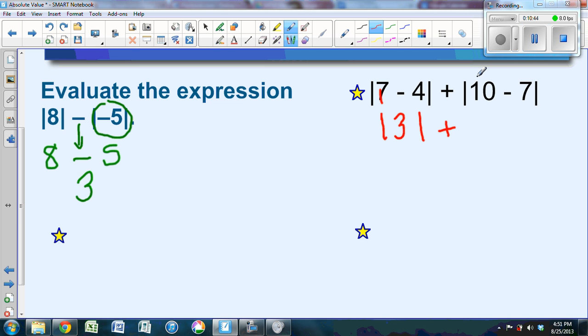Plus, I bring down the plus, 10 minus 7, and that is 3. Absolute value of 3, how far away from 0 is 3, is 3. And then this one, how far away from 0 is this 3? Well, it's also 3. Bring down the plus sign. 3 plus 3 is 6.